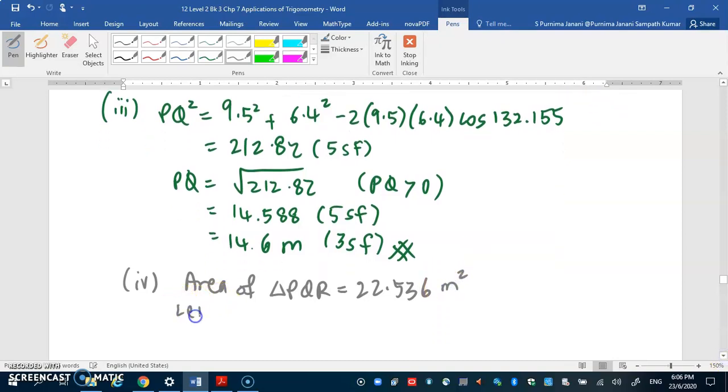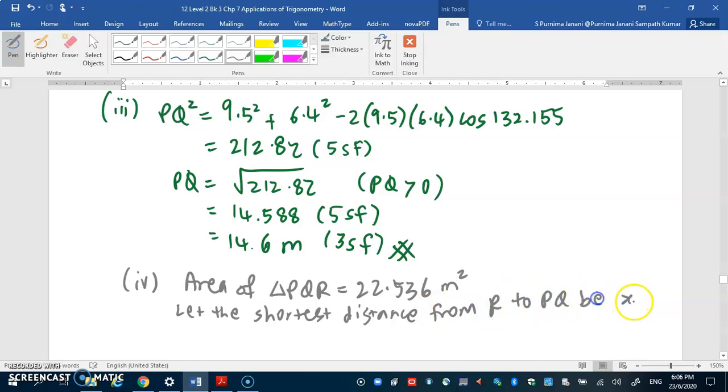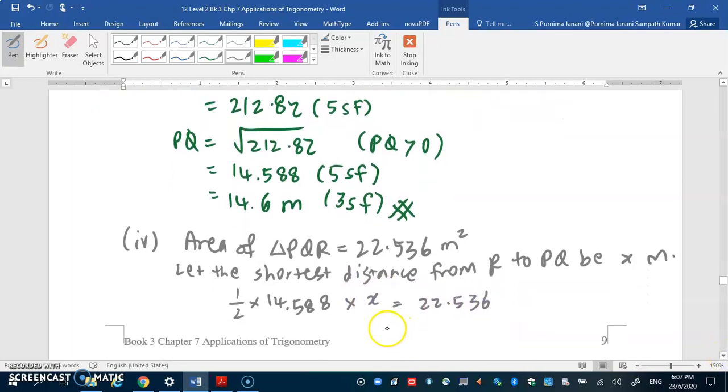And I'm going to write down the statement, let the shortest distance from R to PQ be X meters. Always define. Then you use this area: it's half times base, the base is now PQ 14.588, times the height, which is X, will give you the area 22.536. So form the equation and solve for X. It is as simple as that.